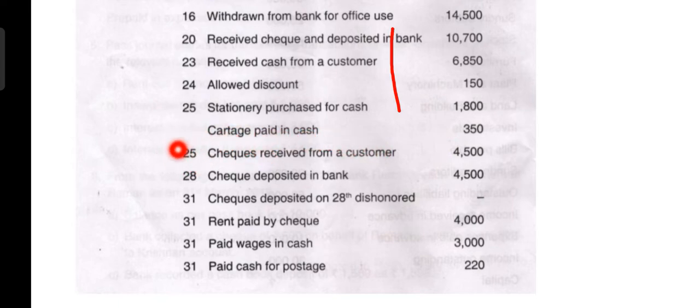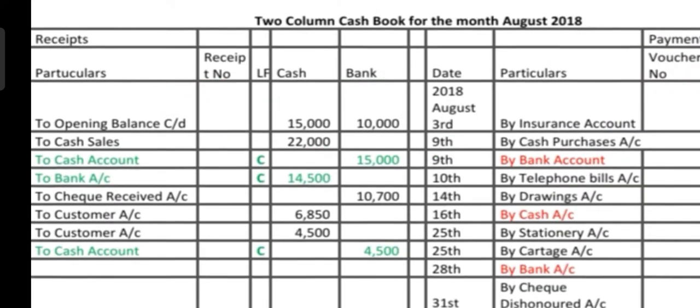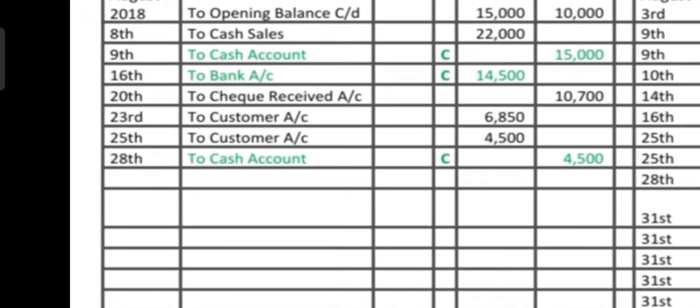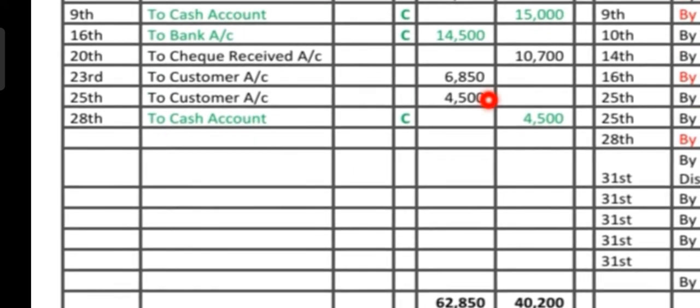So on 25th, what entry we need to make in the book of cash? See here, this 4,500 is happening on 25th, to customer account. In which column you need to write?